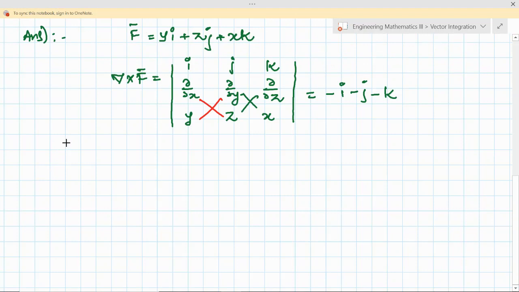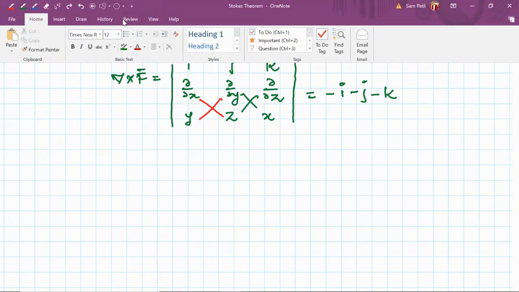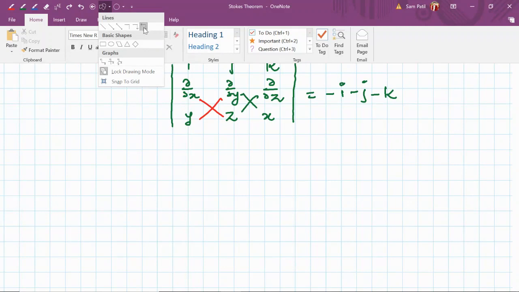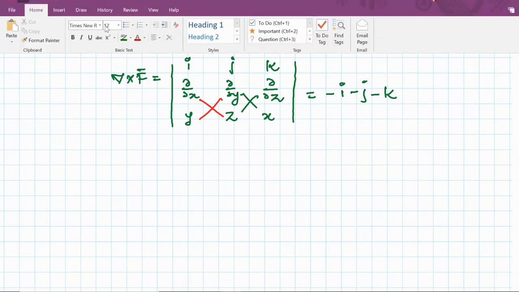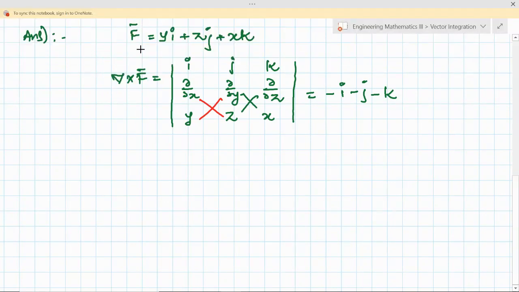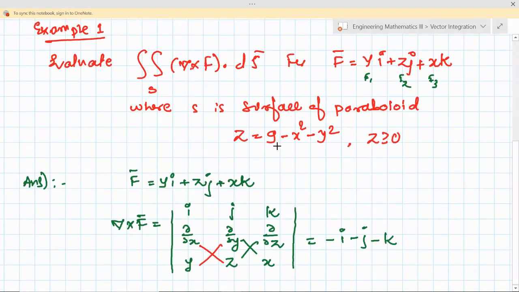In the three-dimensional system, x, y, z represent what? x represents unit vector i, y represents unit vector j, and z represents unit vector k. Now here S is the surface of the paraboloid z is equal to 9 minus x square minus y square, but z is 0.